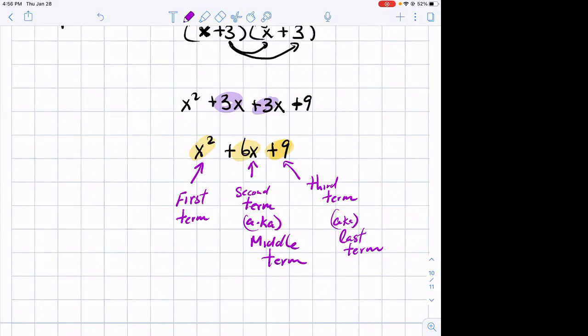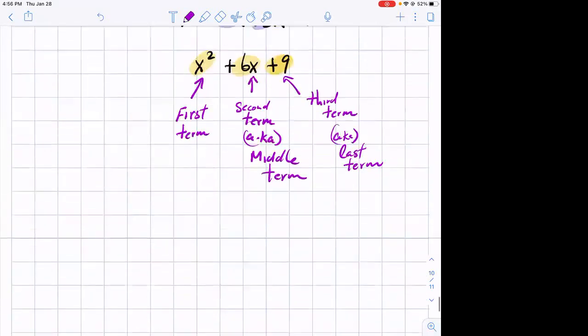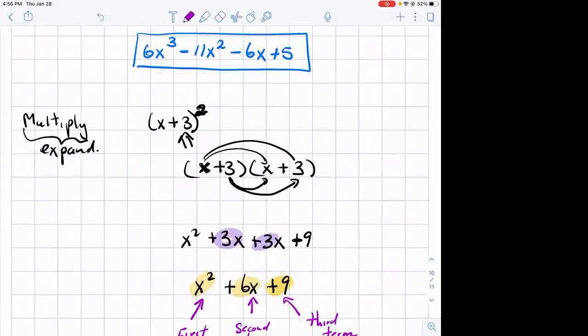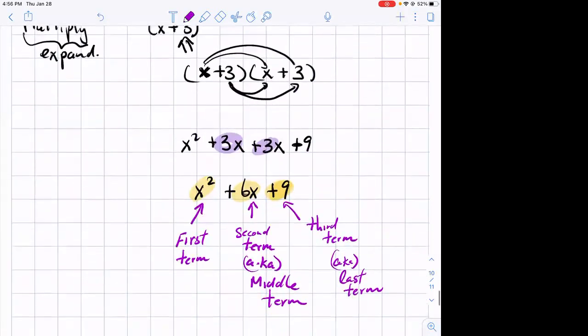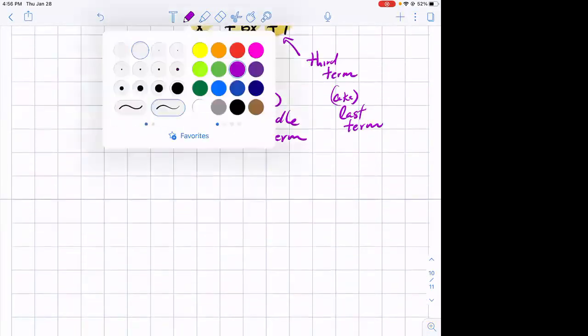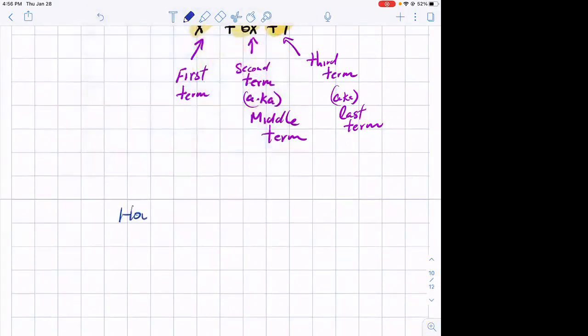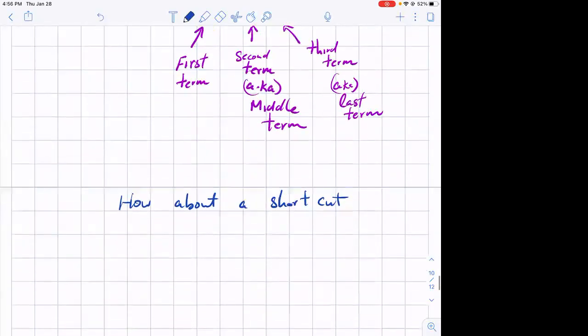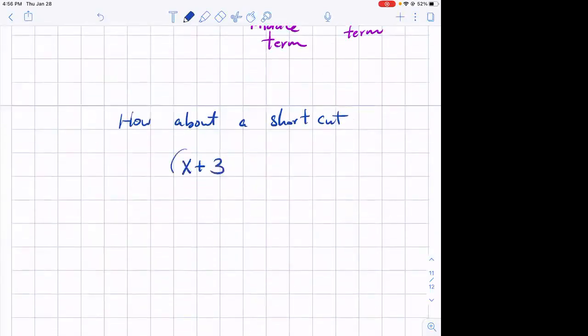Now if you look at what we had before, how about a shortcut? We had x plus 3 squared. Now we know when we multiply this, we're going to have 3 terms.